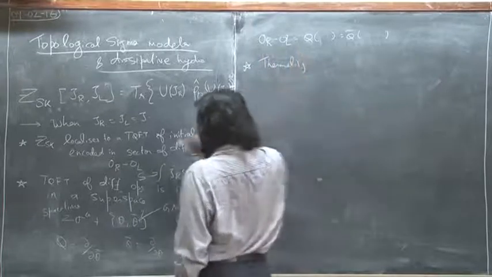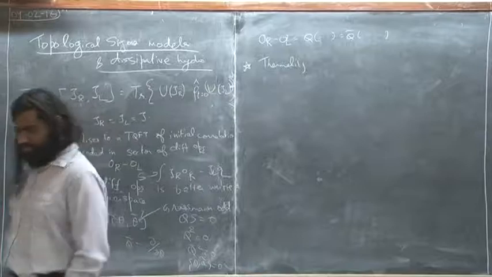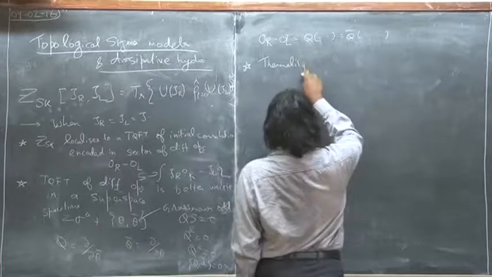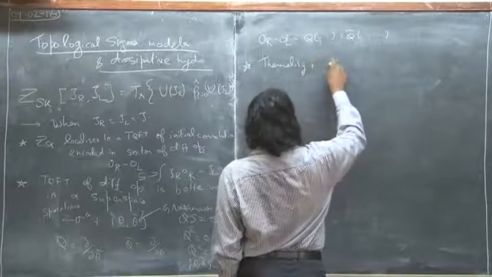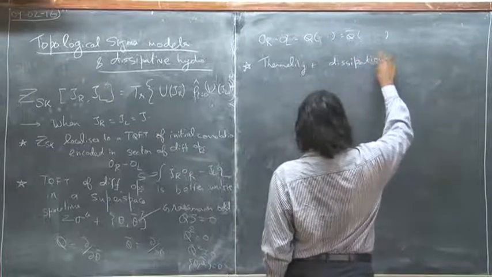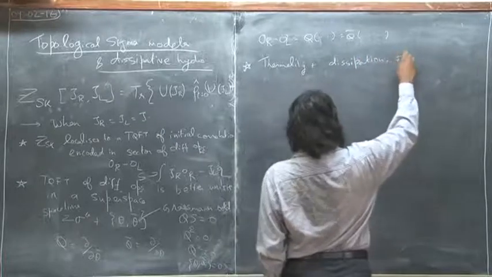All this is general stuff for some general density matrix, but we are interested in thermal and near thermal systems, dissipation in near thermal systems and so on, and fluctuating dissipation, etc.